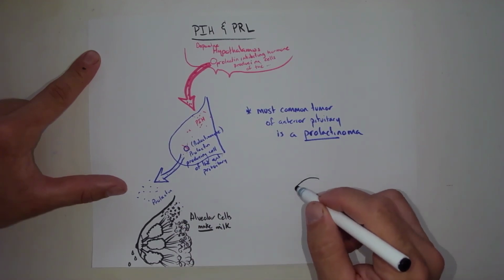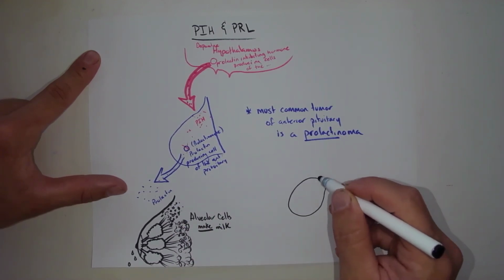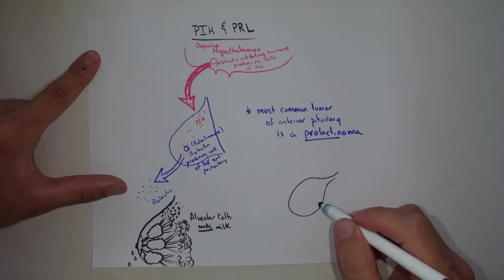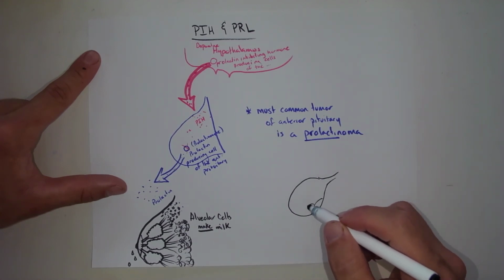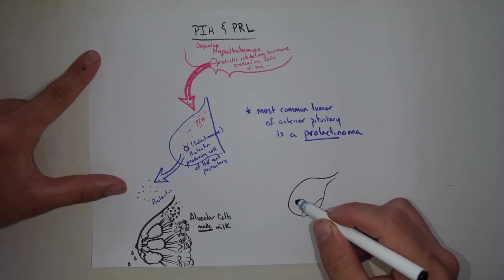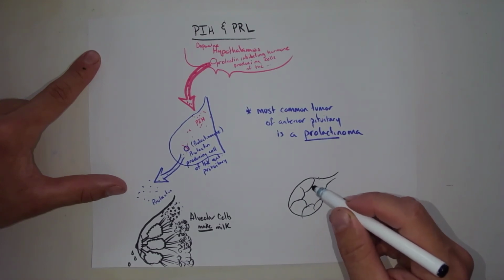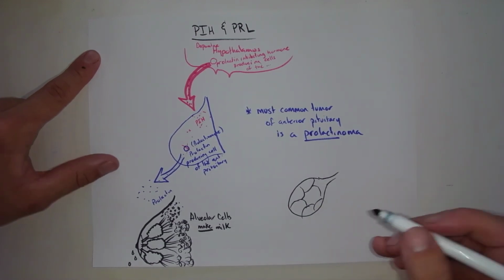Here's one of these alveolar cells, one of these little sacs that have all these different cells that can make milk.